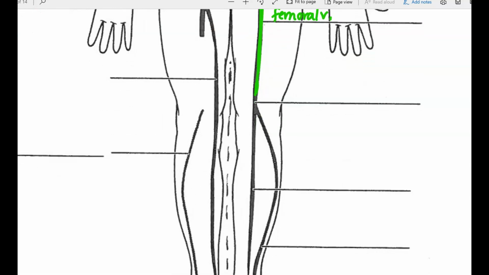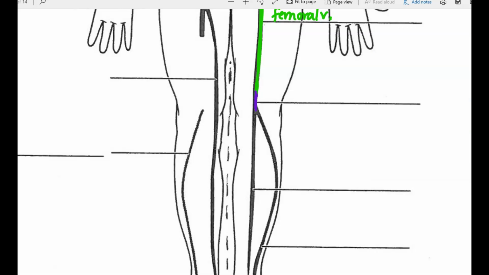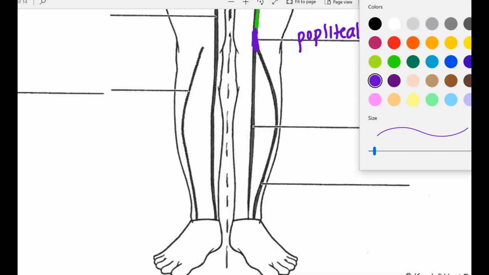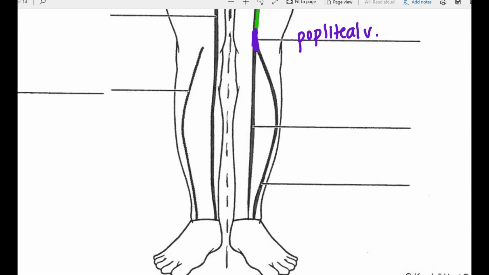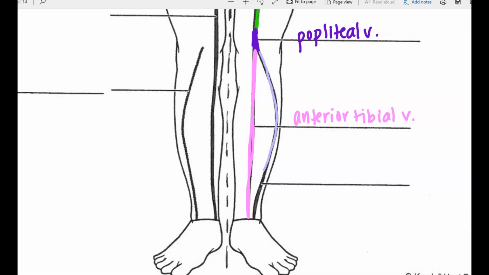And once we move posteriorly, in the region of the knee, this becomes our popliteal vein. And then it bifurcates into our anterior tibial vein and our posterior tibial vein.